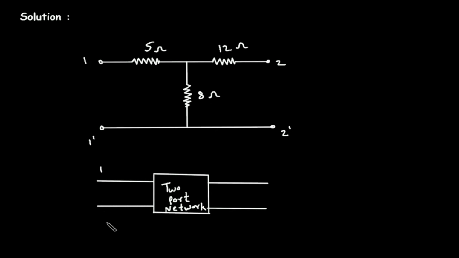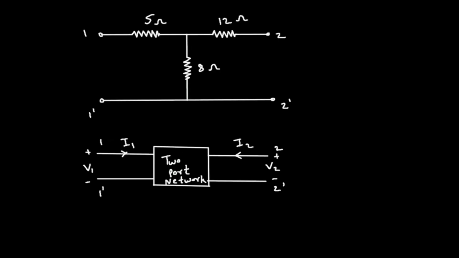Let's say this is 1, this is 1 prime, this is 2 and this is 2 prime. So this will be the input voltage V1, this will be positive, this will be negative, and this will be the output voltage V2, this will be the input current I1 and this will be the output current I2.